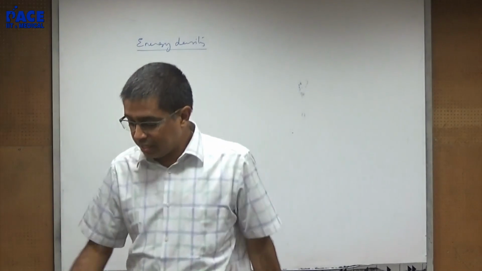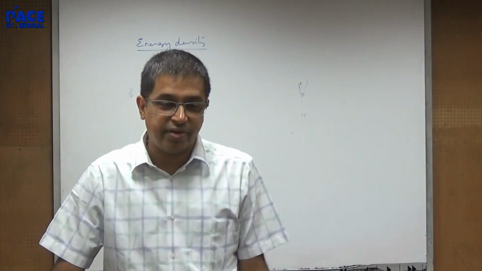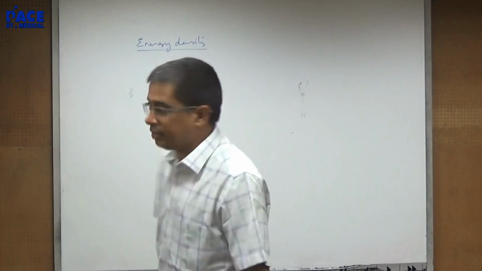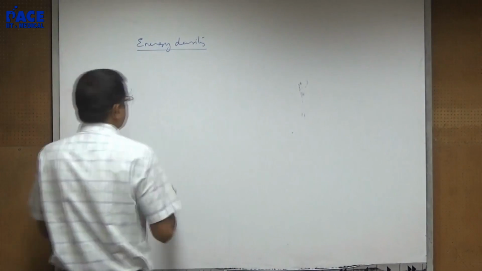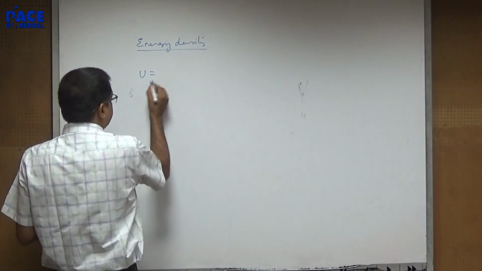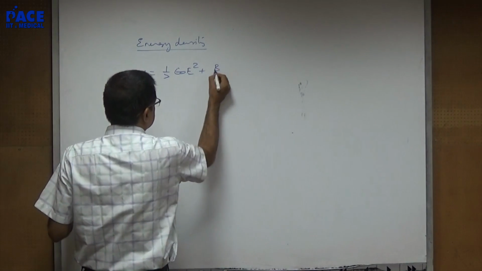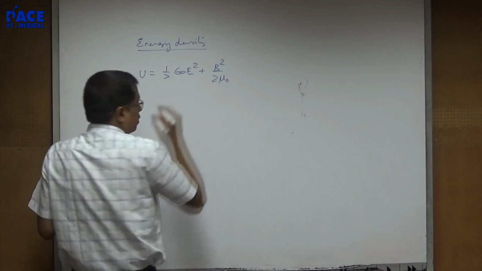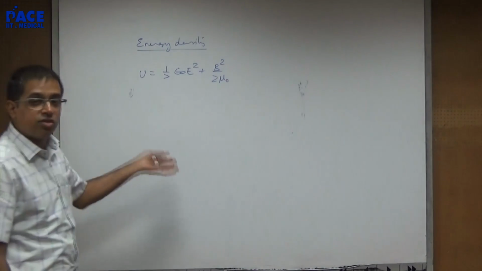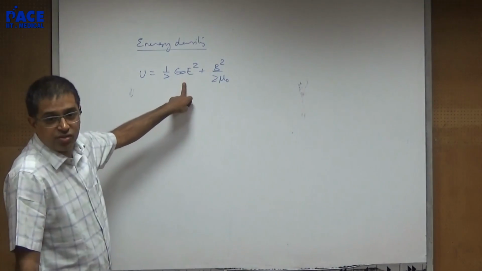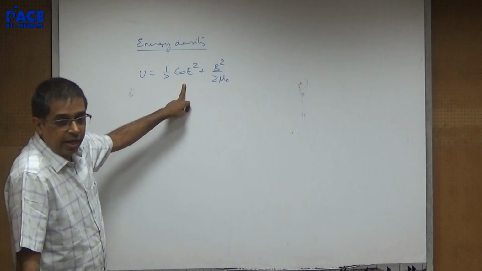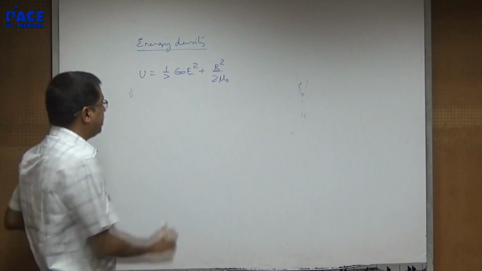Now consider this. The net total energy density in an electromagnetic wave will be the sum of the electric field and magnetic field energy densities. I know an electromagnetic wave constitutes both electric and magnetic fields. So this is the energy density.